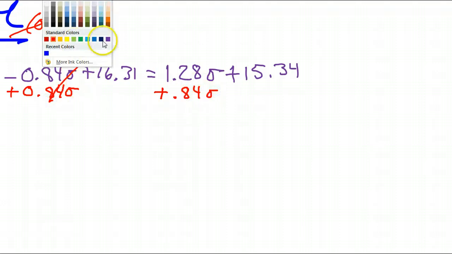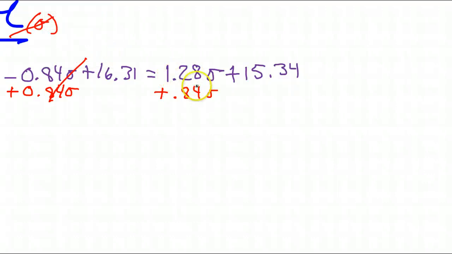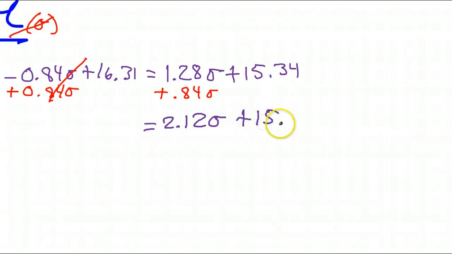Let's see what we have now. 1.28 plus 0.84 gives me 2.12 standard deviations. Just bring the rest of it down.